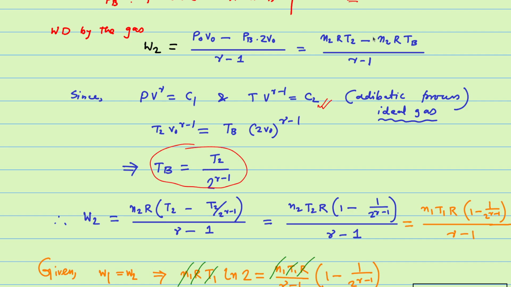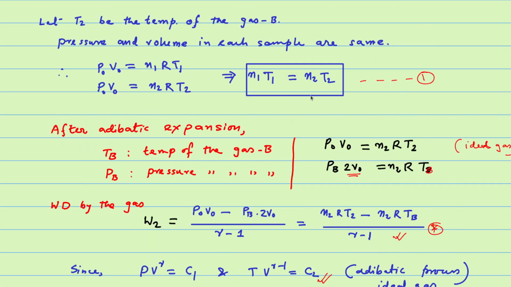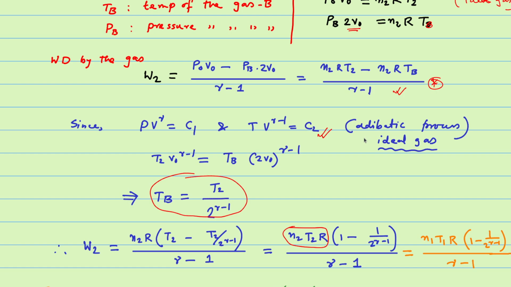and if we put that value here in this work done expression, then N2 R T2 is common, and we get N2 R T2 times 1 minus 2 to the power gamma minus 1, divided by gamma minus 1. The value of TB is substituted here. And now, after simple algebra, N2 T2 is given by equation 1 as N1 T1.